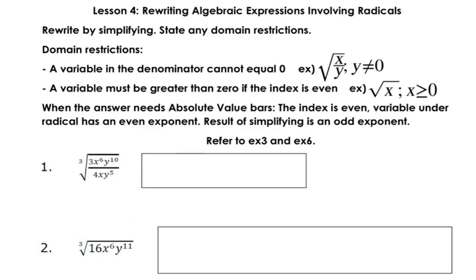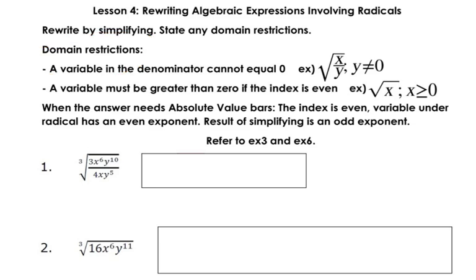The focus for today is going to be the domain restrictions and how to properly apply those rules to the end of these simplifying problems. This video is not going to be going into depth with the simplifying process of radical expressions. It's instead going to focus on how to do those domain restrictions.